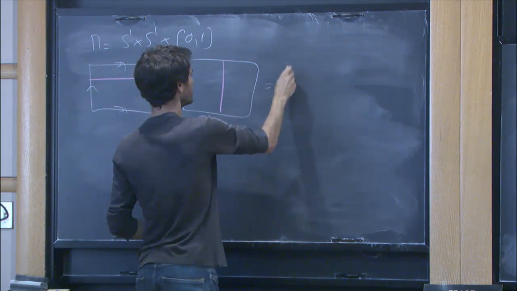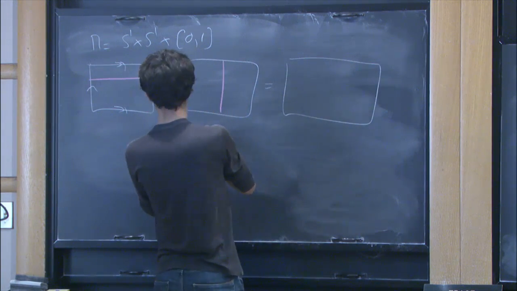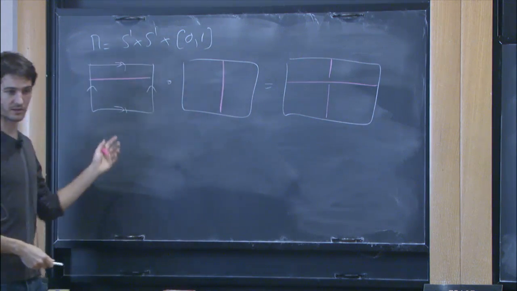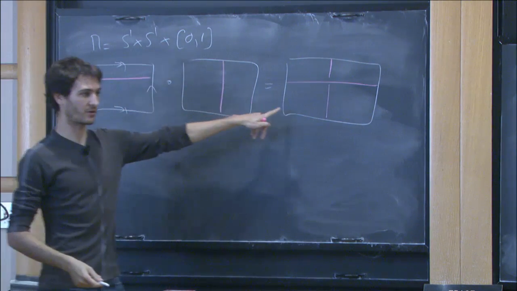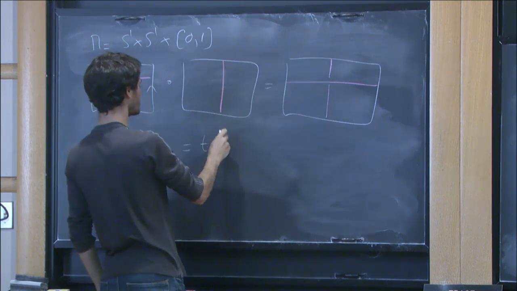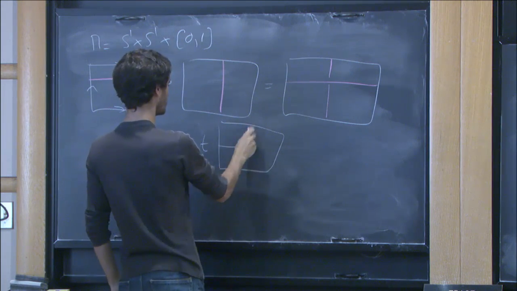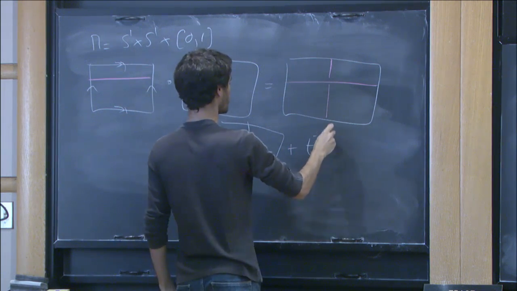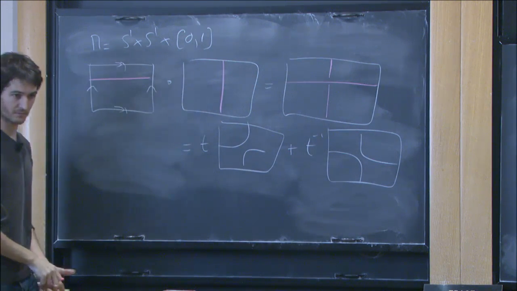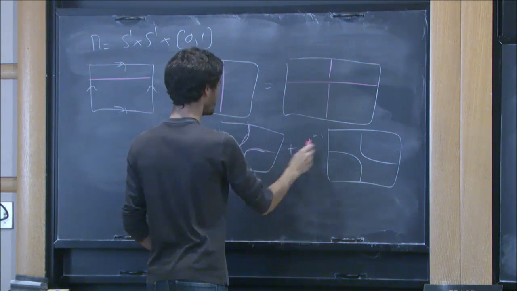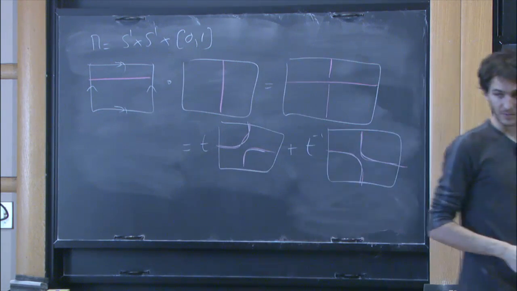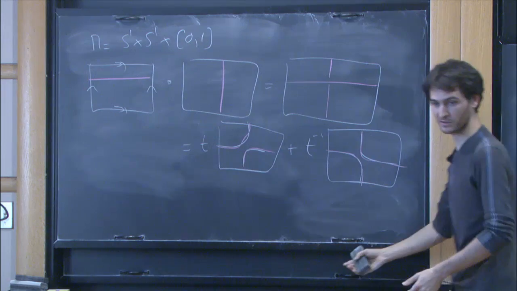So by definition, it's just put one above and the other one below. So the product of these two curves is just this union of two curves here. And here you can apply a Kauffman relation. So this, by definition, is equal to t times this plus t inverse times this. Okay? And here maybe you recognize something I was talking about at the beginning of my talk, the Poisson formula.